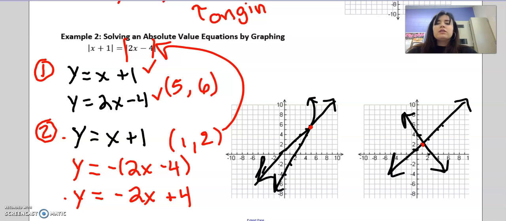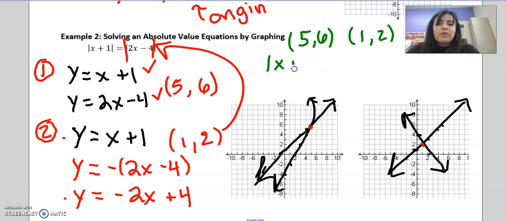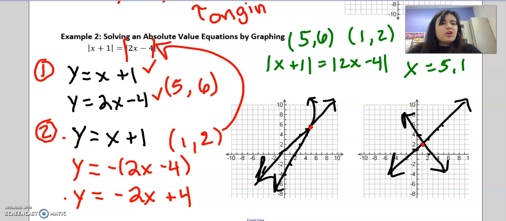Okay, and let's go over how to check these real quick again. So we have 5 and 6, and we have 1 and 2. If we look back at our original equation, we only have x as our variable. So the only answers we need are x equals 5 and 1, because there's no y there, so we're not going to give a y value.